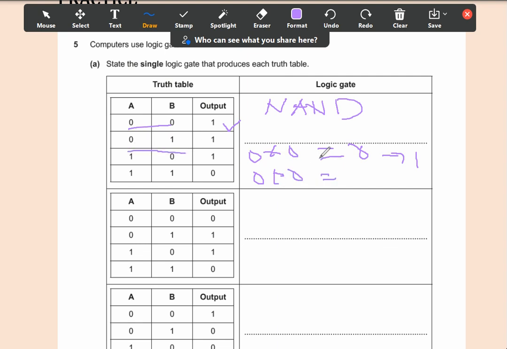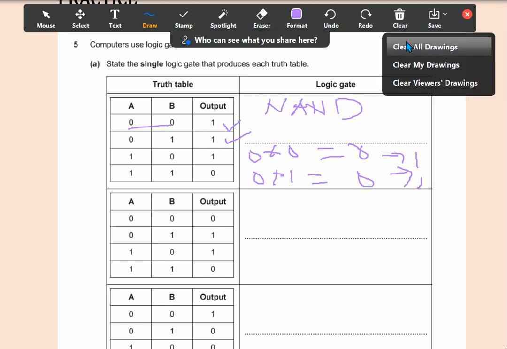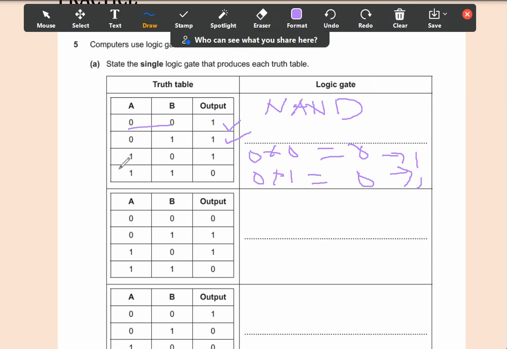That's 0 times 1. That's 0, and again, it must have an output of 1. Okay, check. Next one. We have 1 times 0, that's equal to 0.